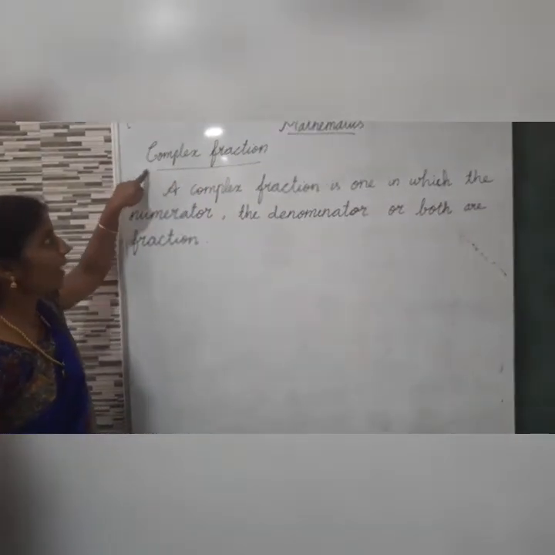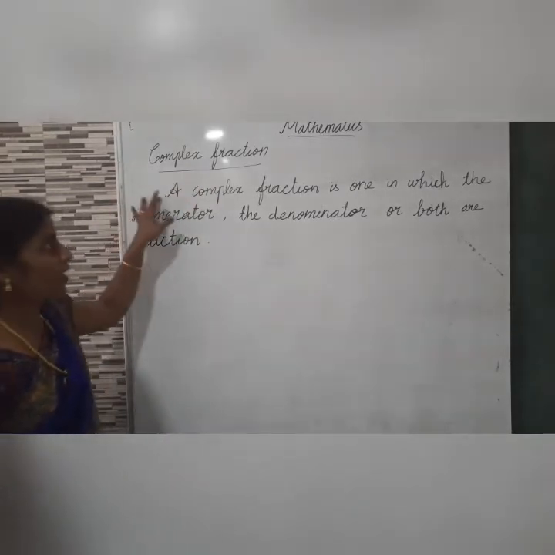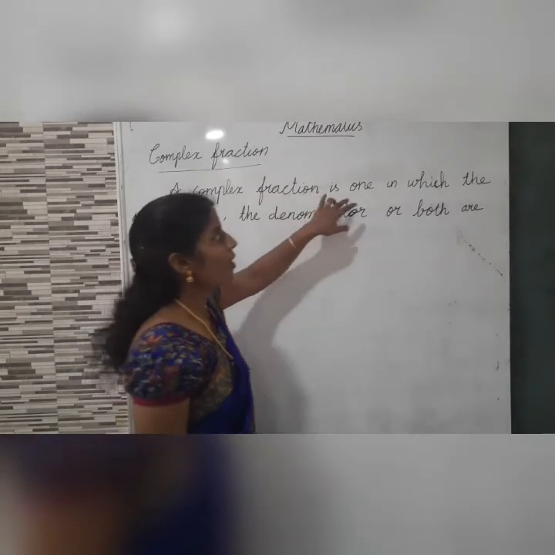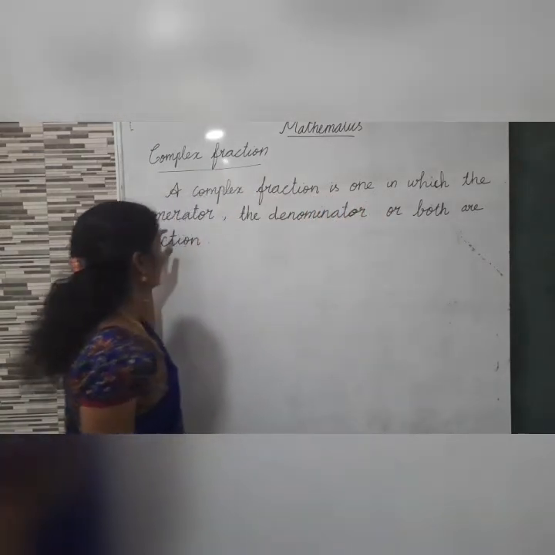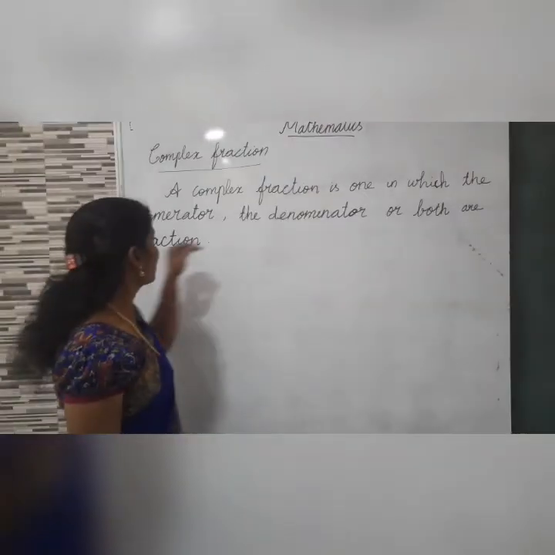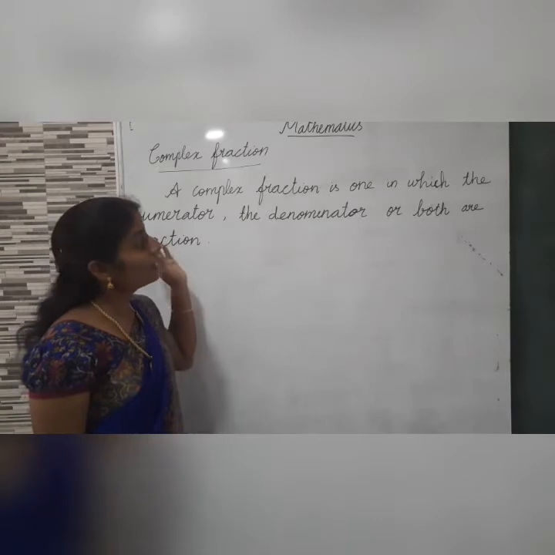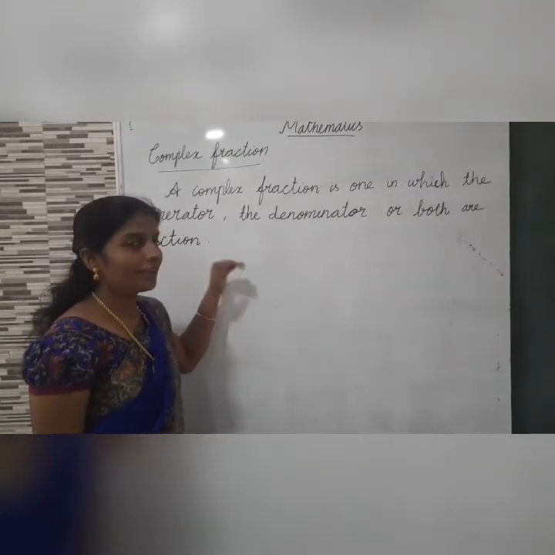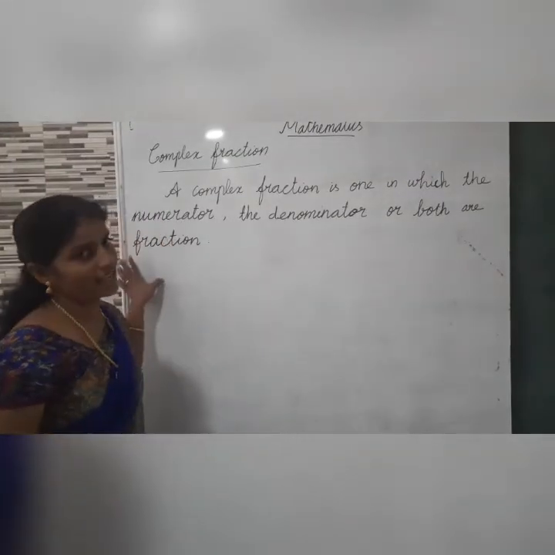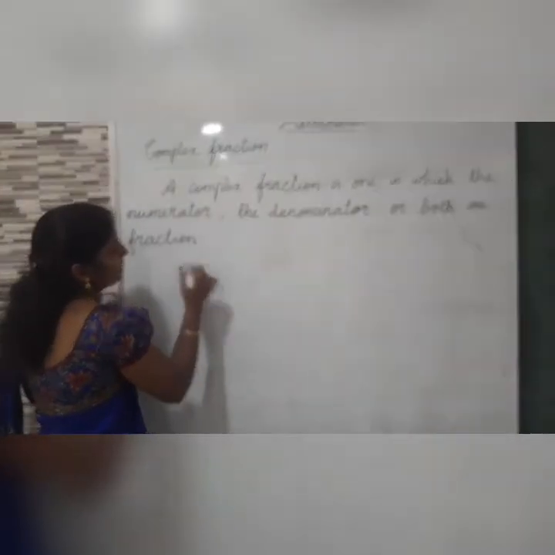What is complex fraction? A complex fraction is one in which the numerator or the denominator, or otherwise both, are fractions. For example, listen.